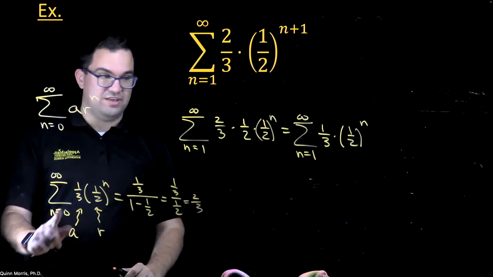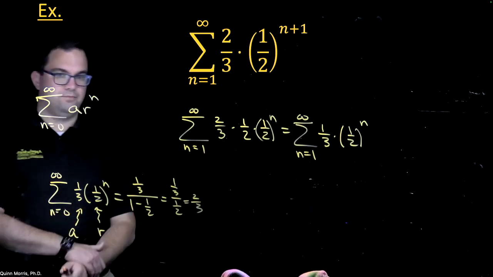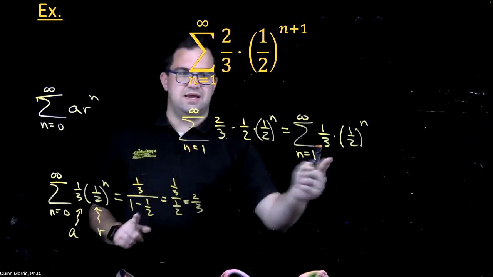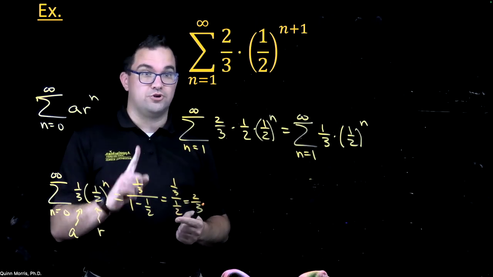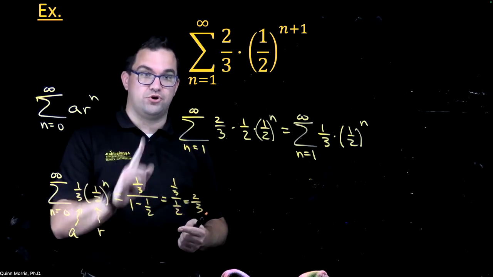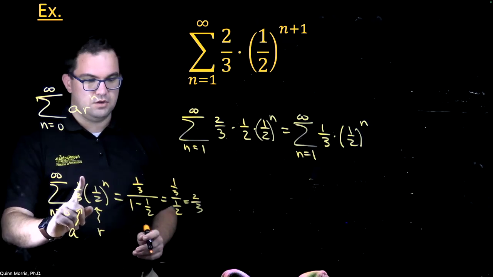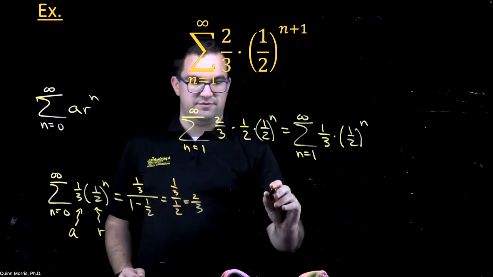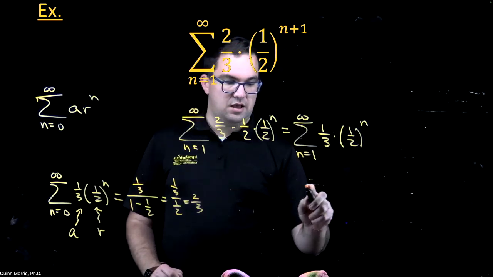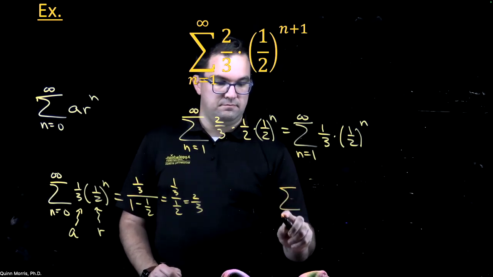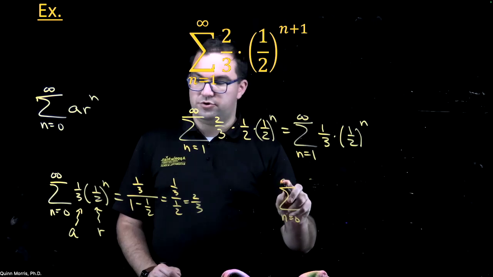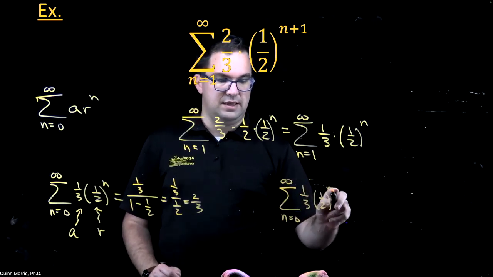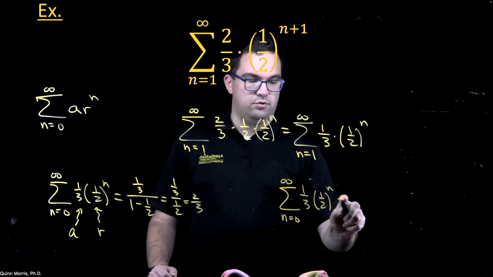Okay, so I know this sum, but that's not the one I was asked about. So now I ask myself, what's the difference between this and this? And the answer is one term, the 0th term. So I have that the sum n equals 0 to infinity of 1/3 times 1/2 to the n is equal to 2/3.